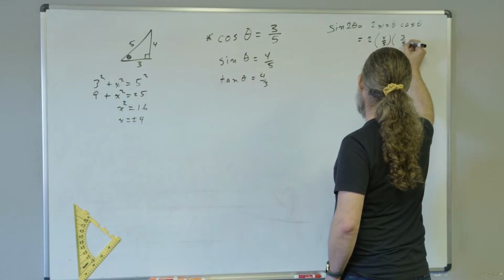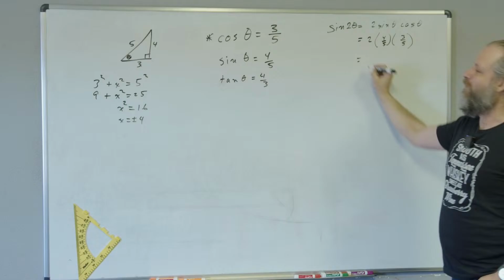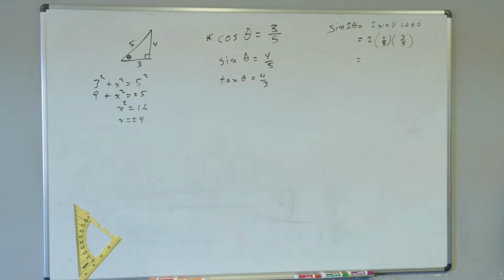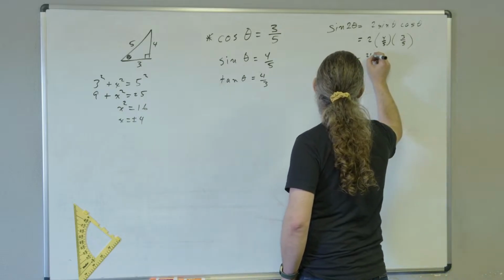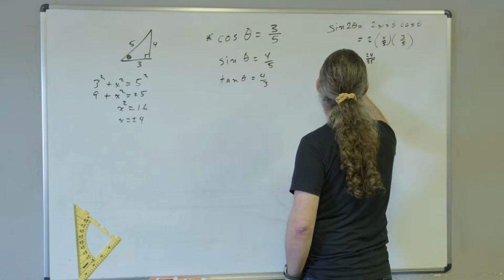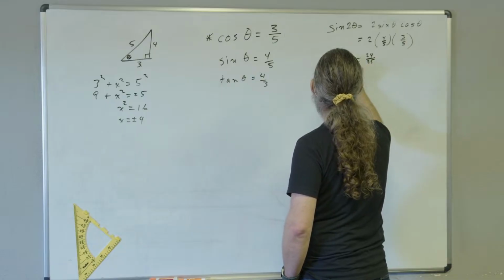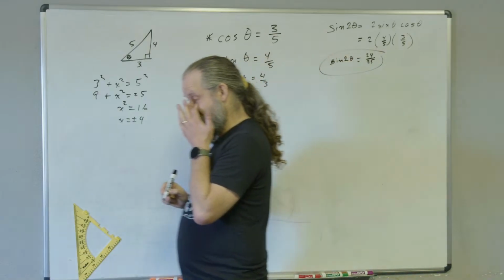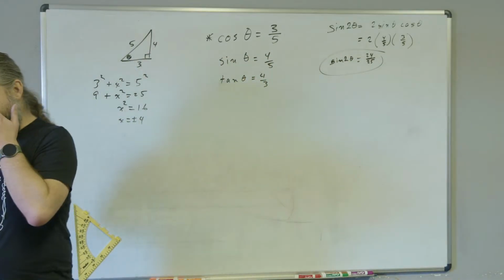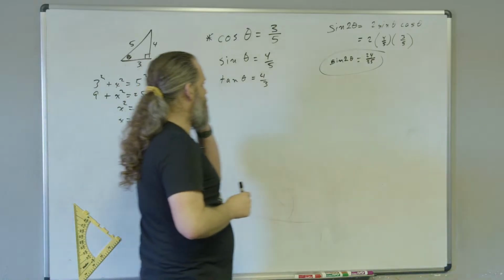That's way simpler. Whoa. So 24 over 25, true enough. Easy peasy, right? What about the cosine of 2 theta?